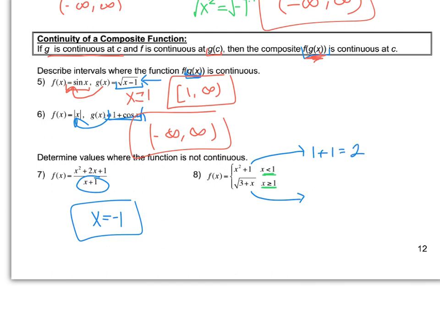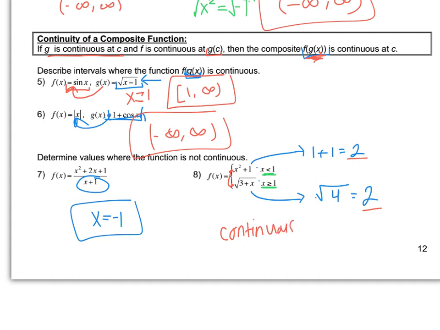When we plug 1 into the second half, it would be the square root of 3 plus 1, which is the square root of 4, which is also 2. So because the two separate pieces of this function have the same y value, it's a smooth switch from one defined piece to the other, which means this function is actually continuous over the entire real number system.